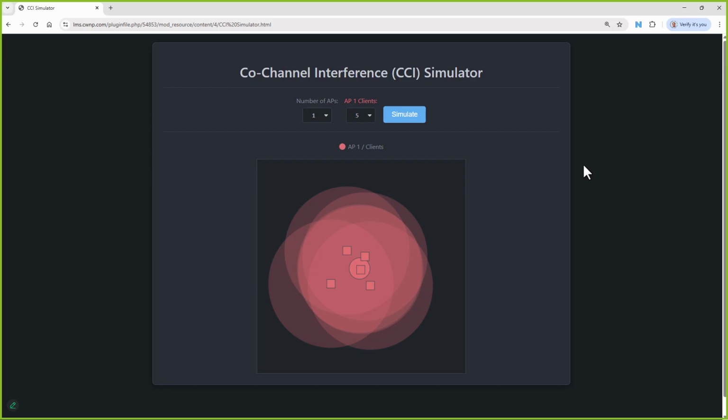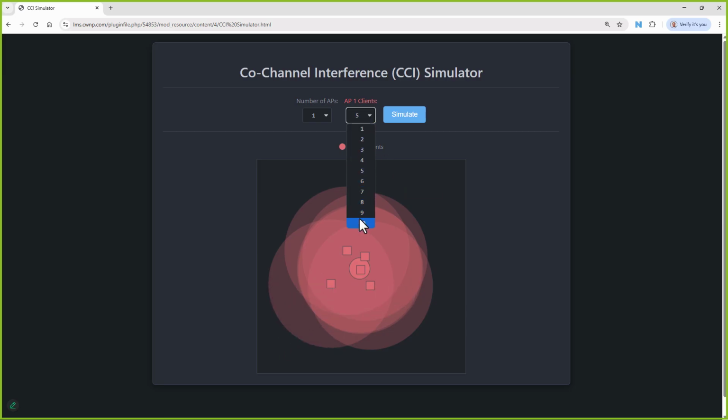So we'll assume we're looking at channel 1, right? Right now, my footprint for this channel is not just that which is generated by the AP, which is right around in here. The footprint for this particular single channel actually extends out here because of this client. It extends out here because of this client, and it extends out here because of this client.